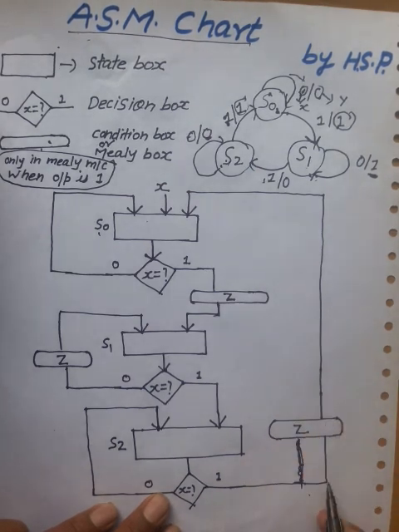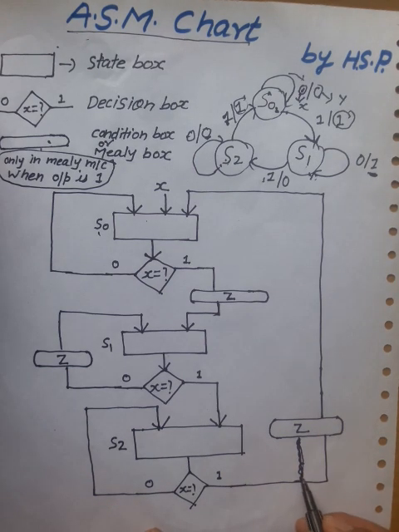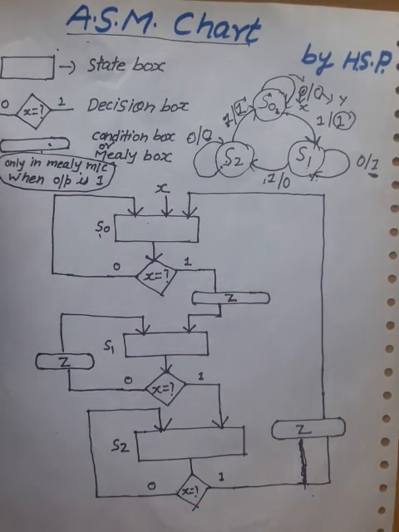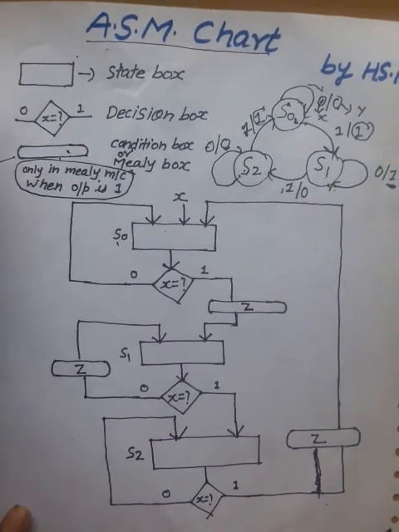Better straight line. Okay, this is your ASM chart for this state diagram. Alright, now we will do some more practice.